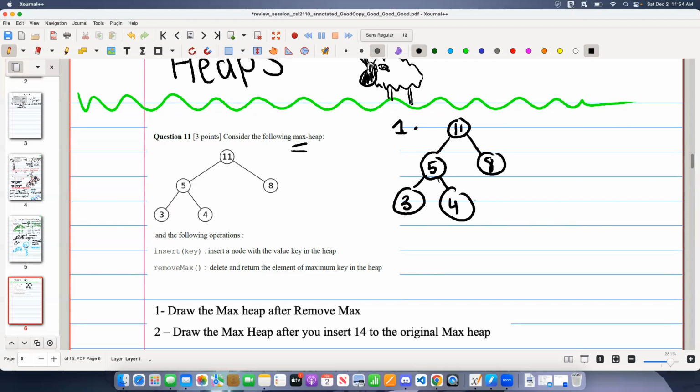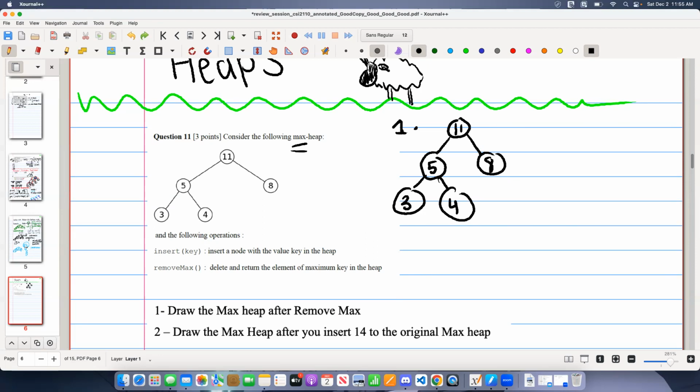So we're going to be removing max. After we remove 11, think of a max heap like a complete tree. It's always wanting to be a complete tree, so it would never have a node like this, because in that case it would be an incomplete tree. I'll cover that later, but that's just a brief overview.